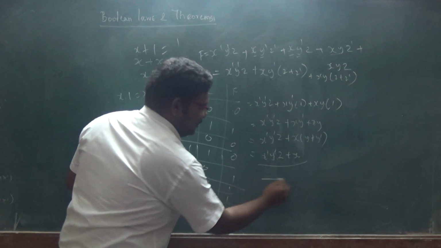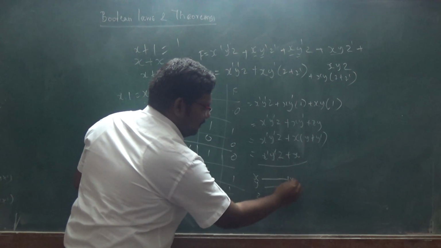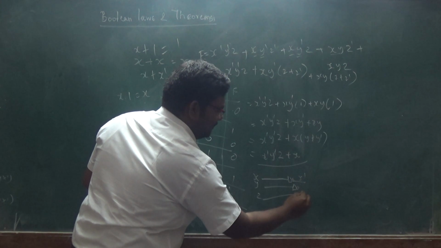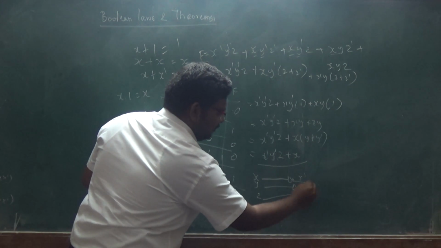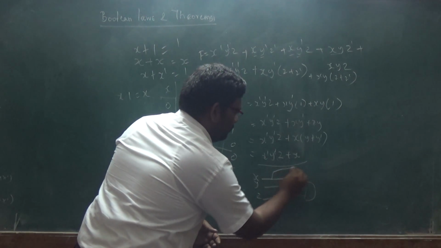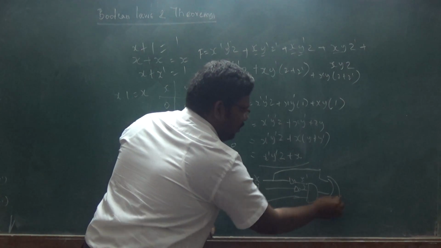So here the circuit has inputs x, y, z. We use NOT gates to produce x dash and y dash, then an AND gate, and also x is another input, which goes into an OR gate.